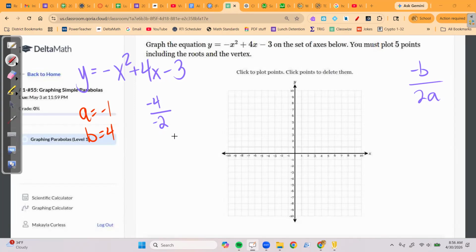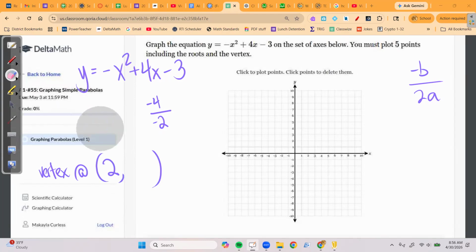Rad. So what you now know is that your vertex is officially at the point 2 comma IDK. But we fix the IDK by now taking that and putting it back up into these red X's. So wherever there's an X, you just simply change it into what the happy little formula gave you.